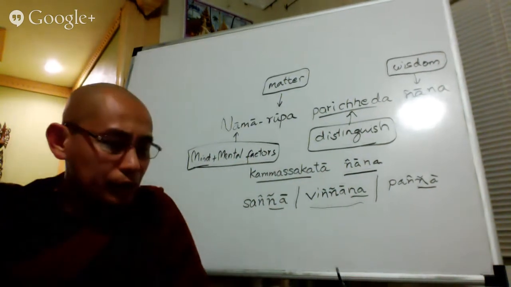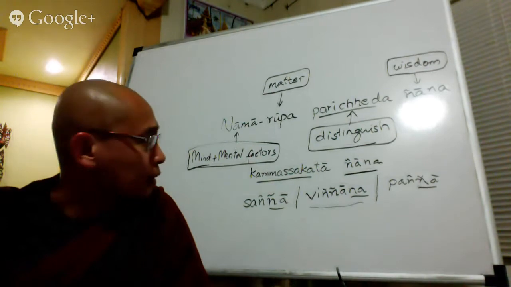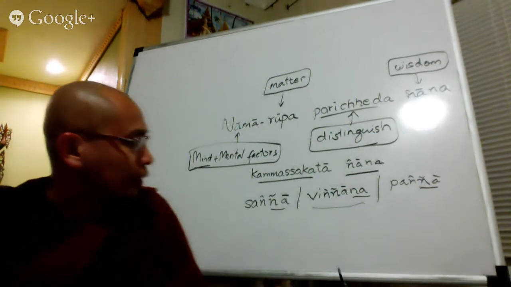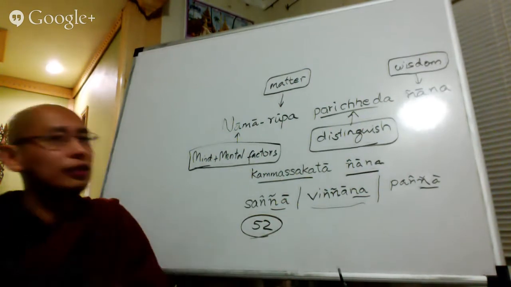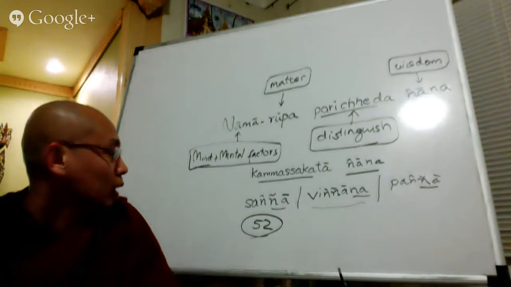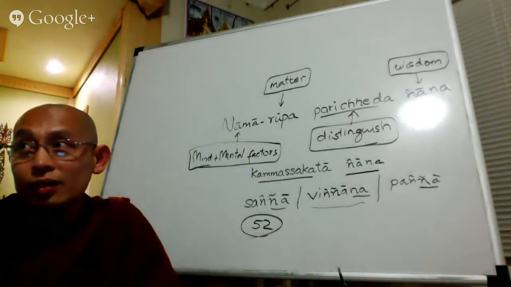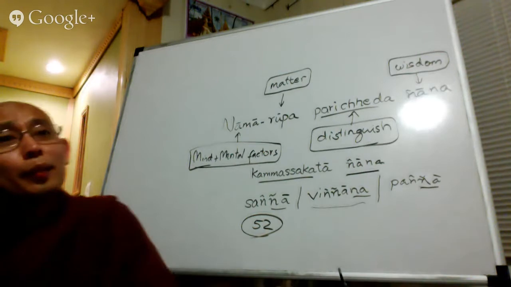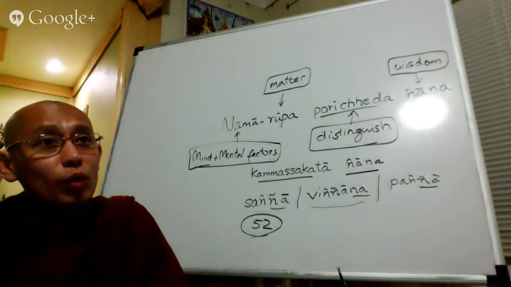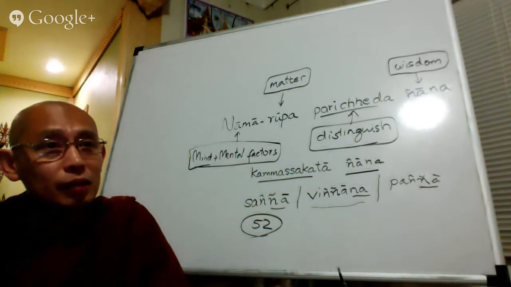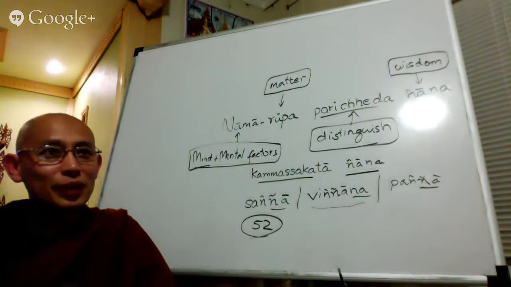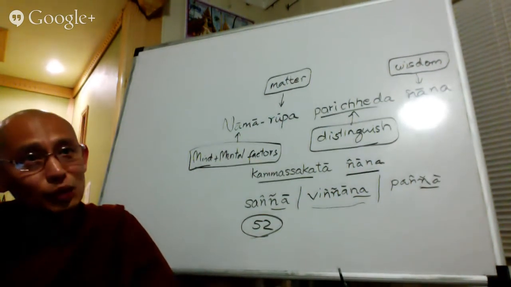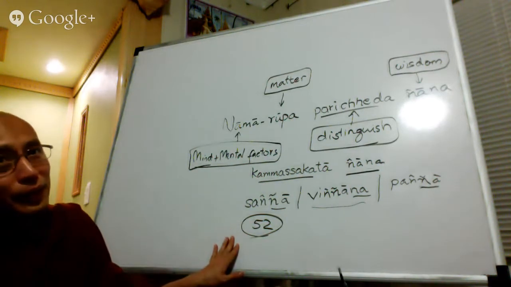So we continue. We have already learned about the 52 types of mental factors. We already finished. So the next step is, because mental factors always associate with mind, mental factors cannot appear without mind, we need to understand the association of mental factors and mind.